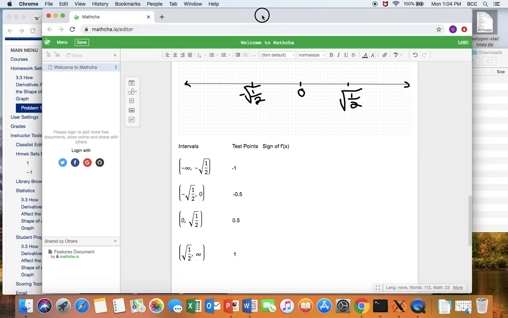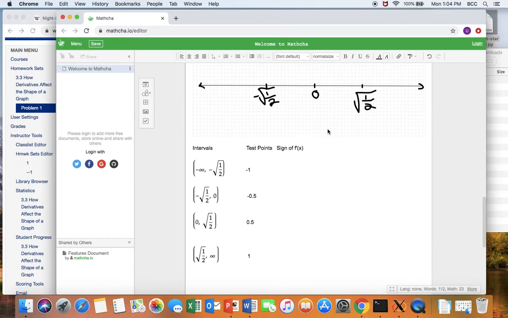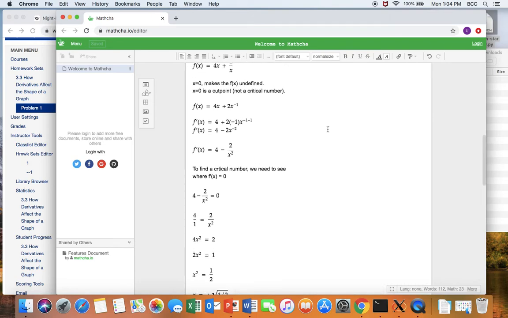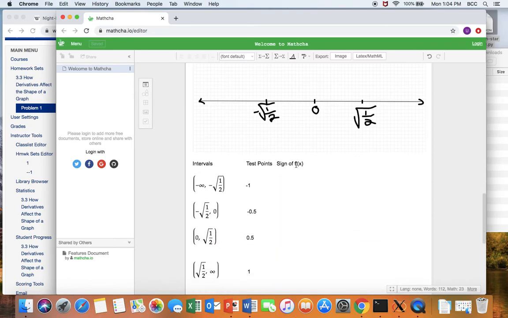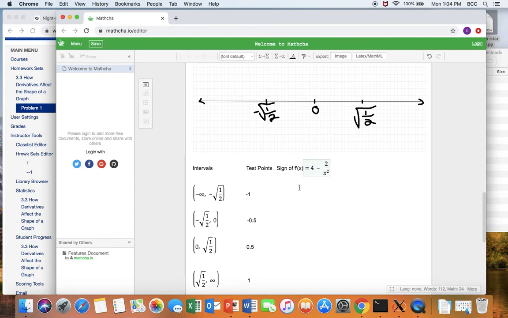So let's go back to what was f prime x. F prime x was 4 minus 2 over x squared. Okay, so this is what we need to do. I need to find what happens here for f prime.